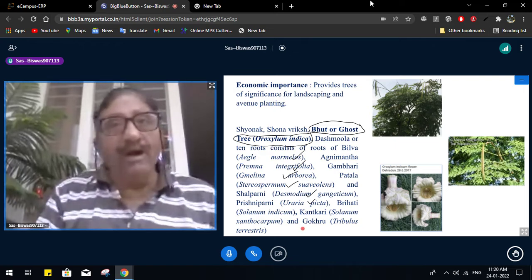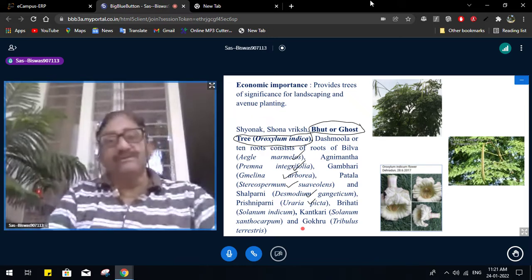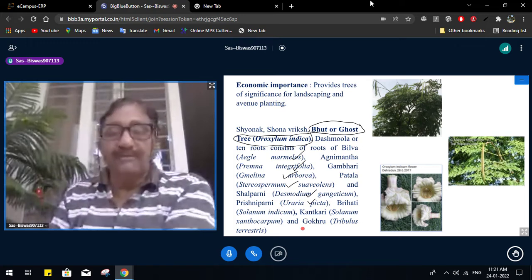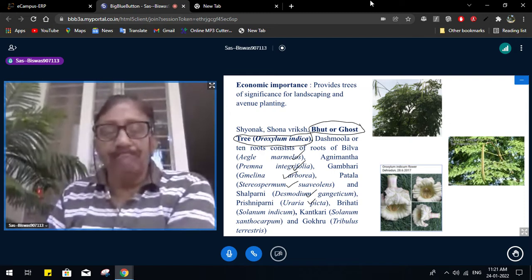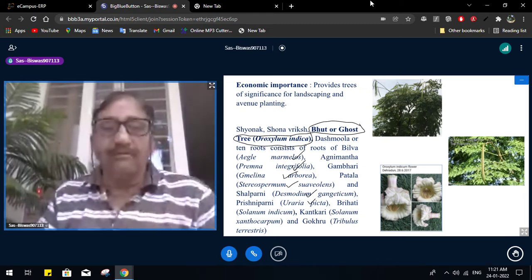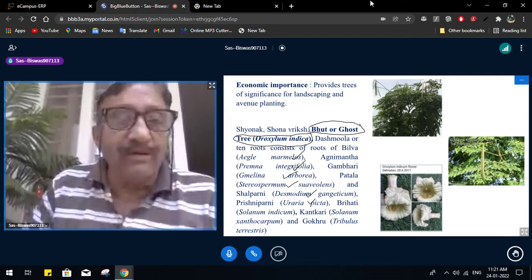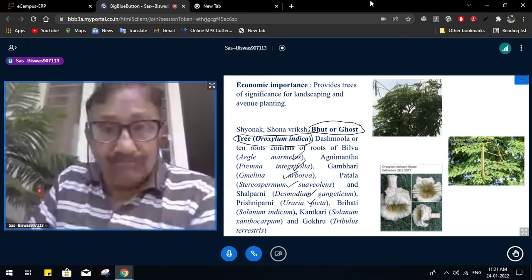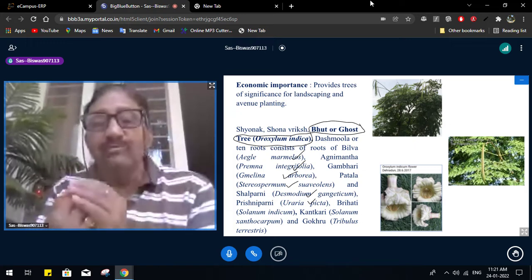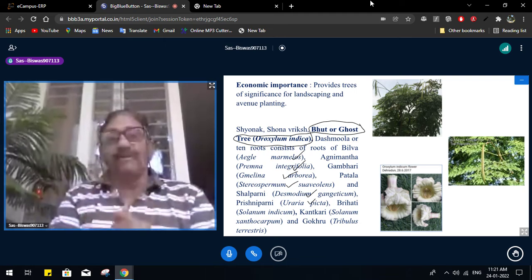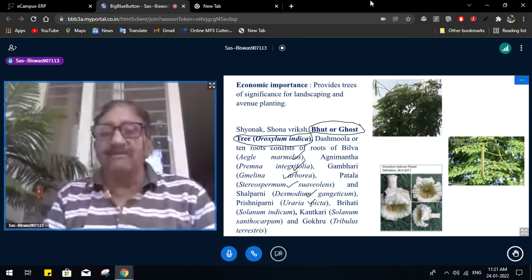So you may be asked a question, like I told you once, not in this second internal, but it may be asked in the final examination: give at least botanical names of 3 or 4 species which make the medicinally important drug called Dashmula. So the roots of 10 species make a very important Ayurvedic medicine.